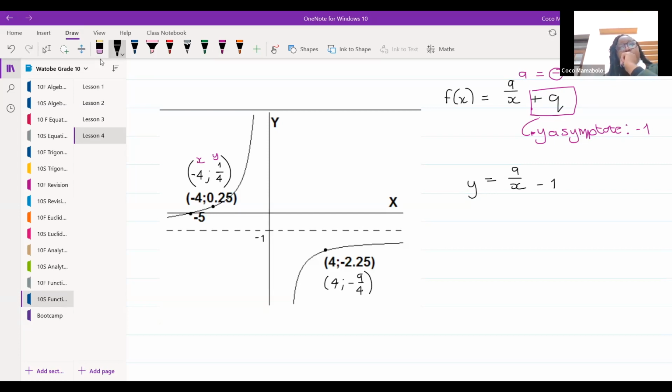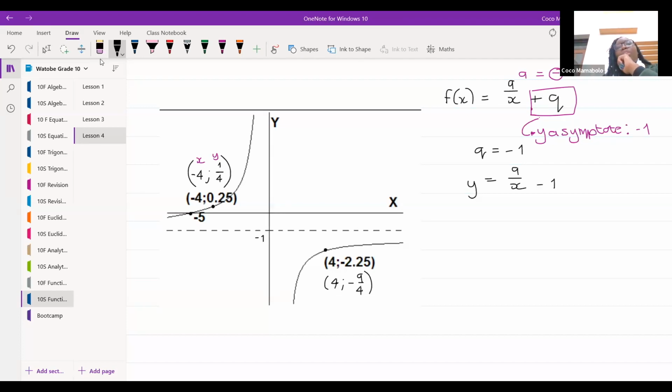So what I did, I said f of x is equal to a over x plus q. And then I said q is equal to -1. And then I substituted x with -4.